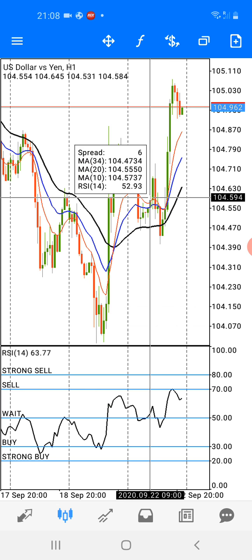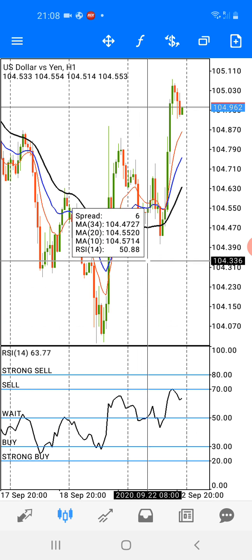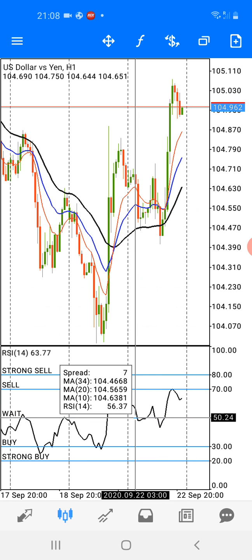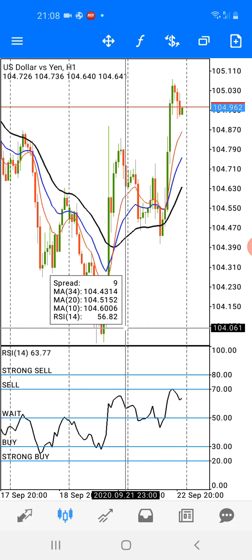Now, as it was developing that W format, the relative strength index developed the same W format with it, as you can see here.